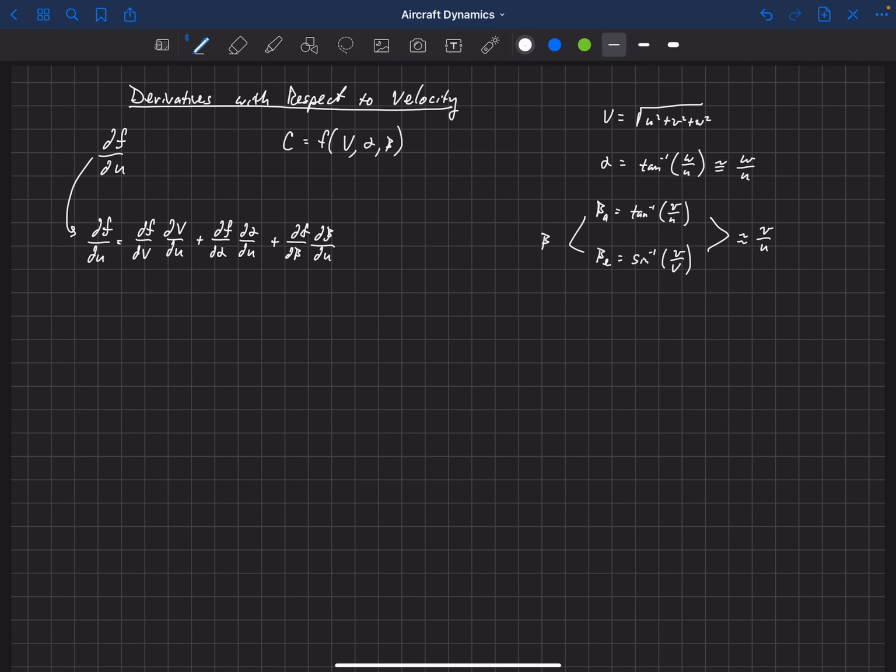So we don't know this derivative yet directly, but I can rewrite it in terms of these if I know these derivatives, dV/du, d alpha/du, d beta/du.